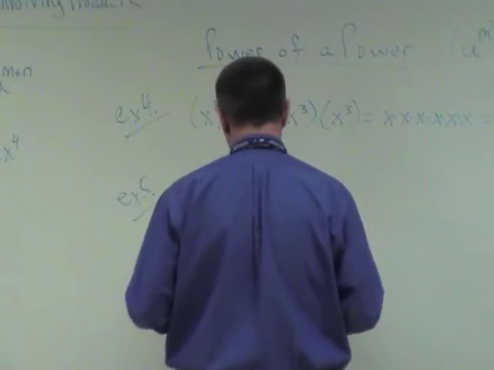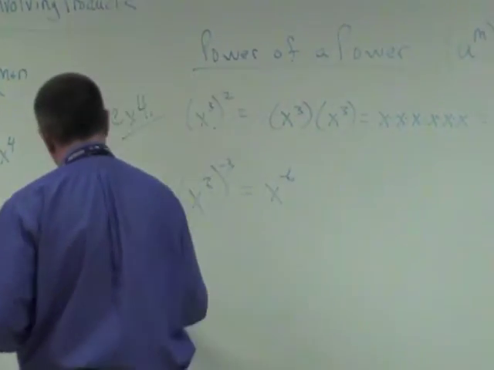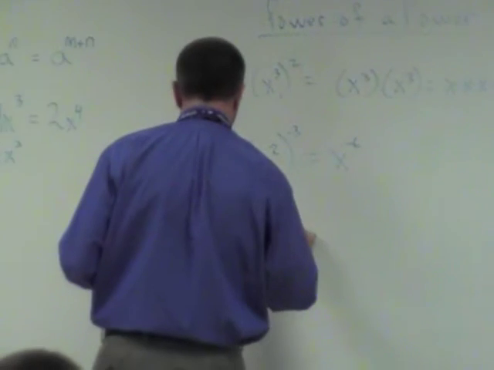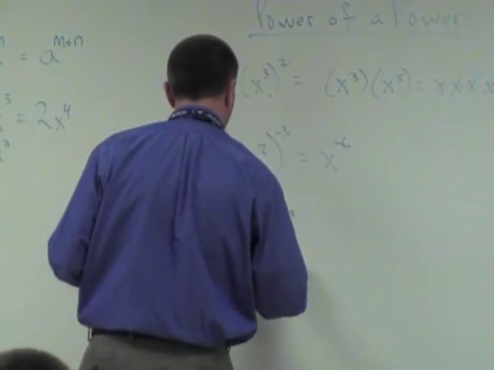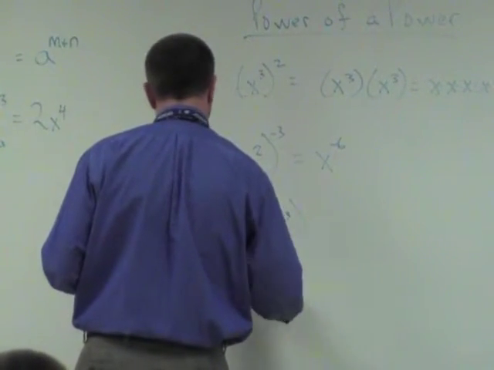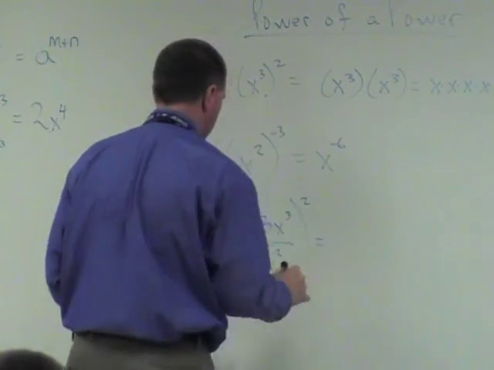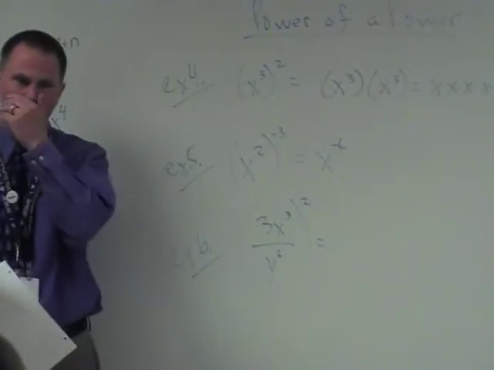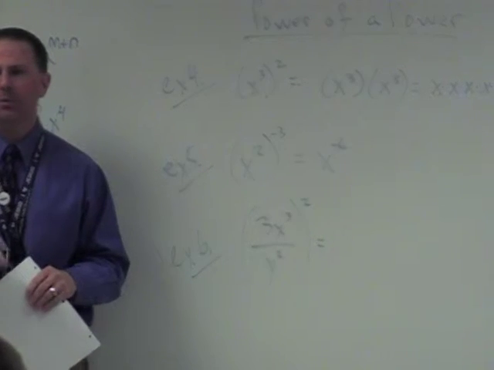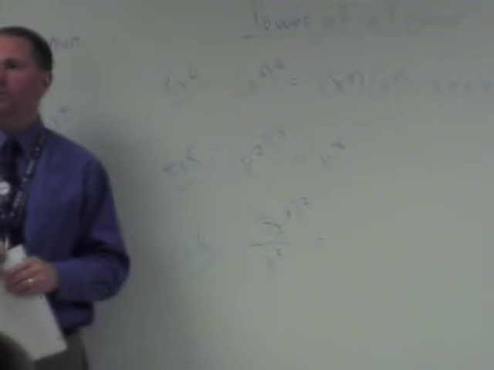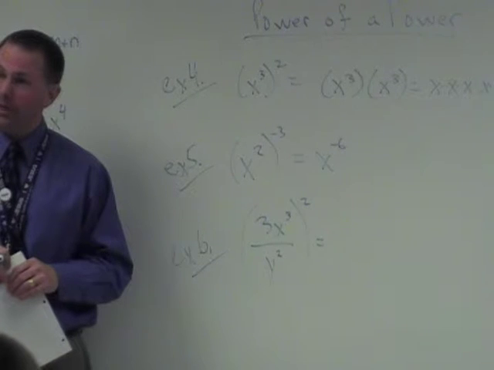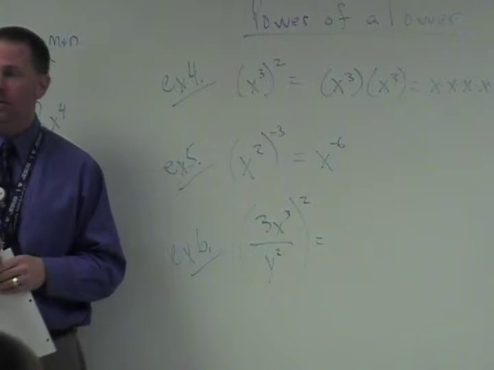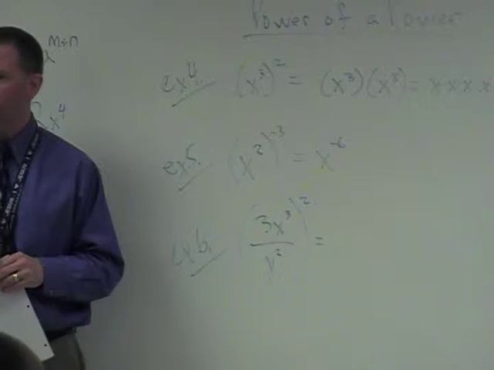Example 6 is 3x cubed over y squared, all to the 2nd power. This is one that you'll need to understand what to do. Now we have a fraction inside the parentheses, and all these exponents raised to exponents.